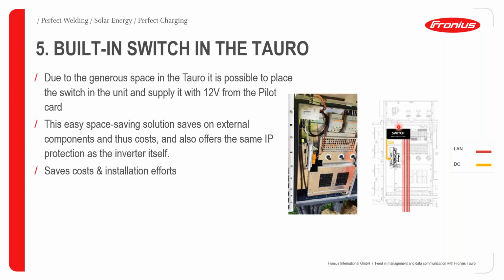Remember, if you place the switch inside the Tauro, the switch will take on the IP rating of the Tauro, which is your IP65 rating. This will basically lead to cost saving and installation effort saving as well. Remember, you can power up the switch from the 12-volt power supply on the pilot card. So again, it makes it very easy and straightforward if you are going to use this method.